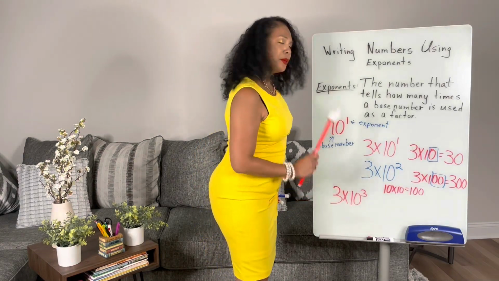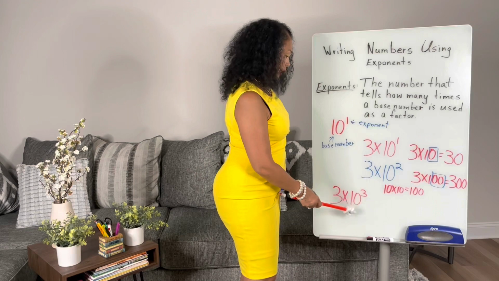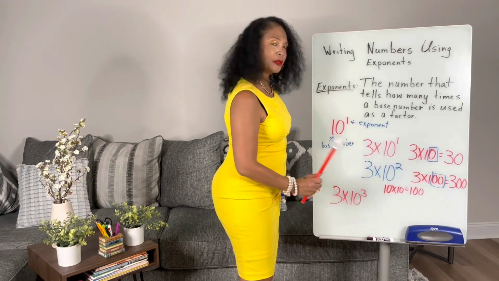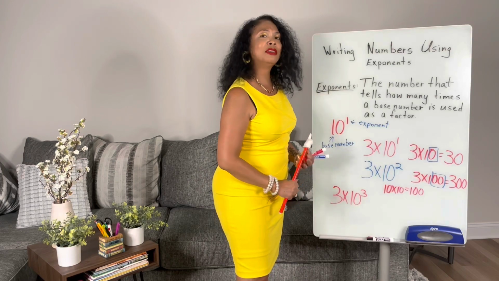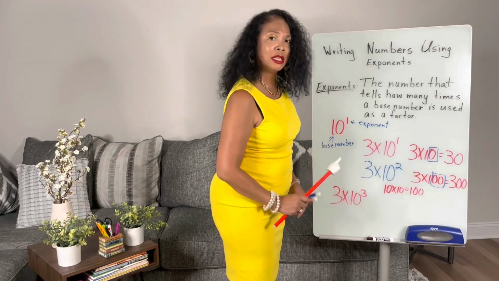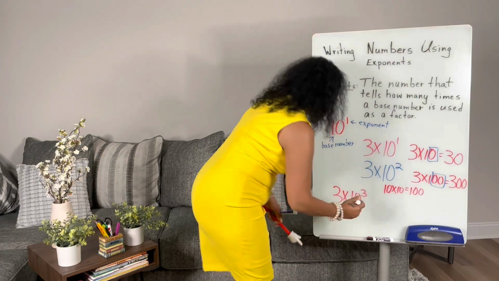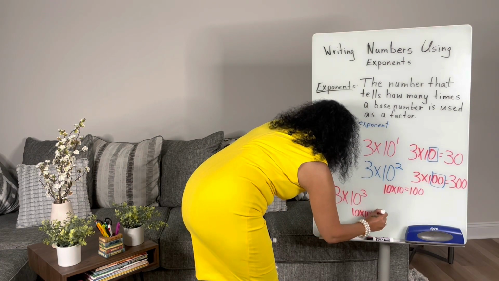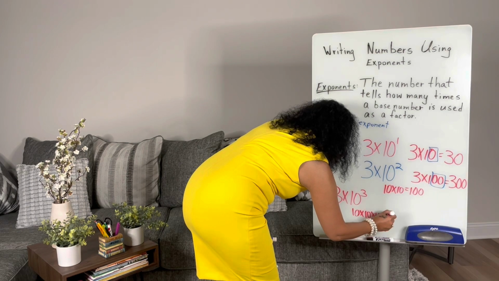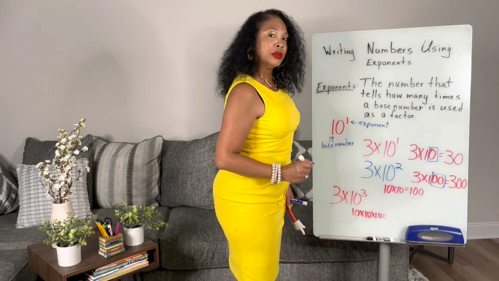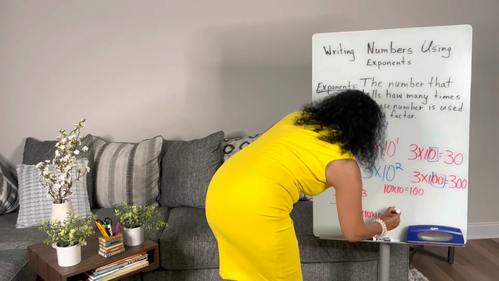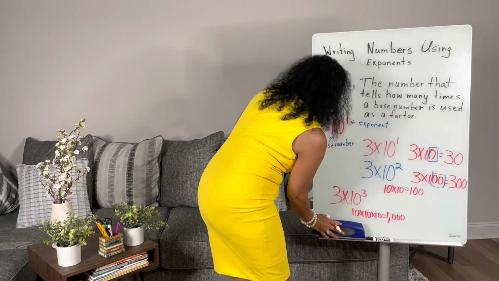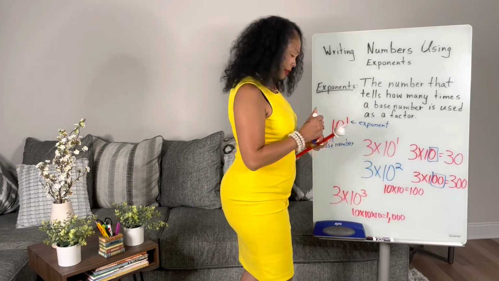So how many times did the exponent tell the 10 to use as a factor? 3 times. That's right. So it's 10 times 10 times 10, and that is equal to 1,000. You know, you've been paying attention in this lesson.